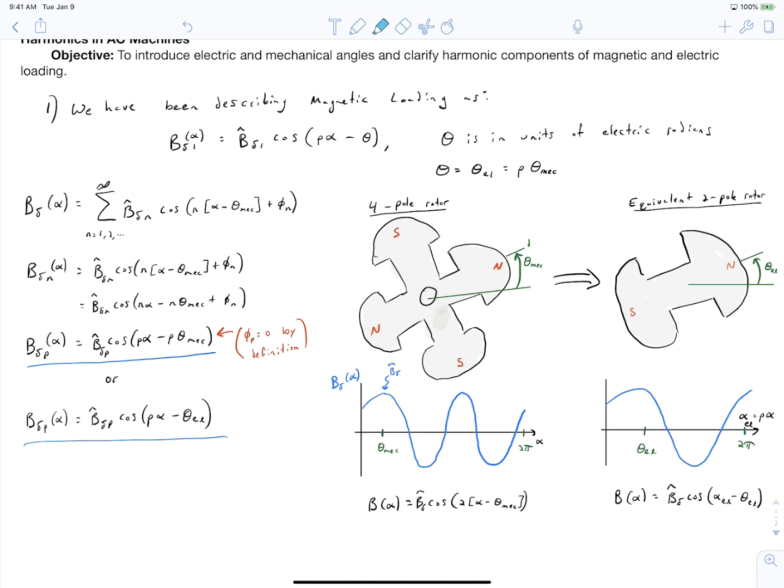So the remaining business is what is going on with this pesky 1 in our denominator. Why are we choosing to have an index 1 when we originally presented this, whereas right now we've written this with an index p? And the reason is the way that harmonics are traditionally defined in electric machines.